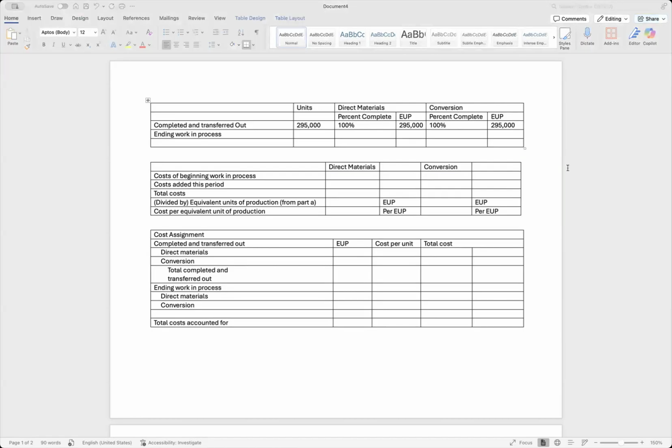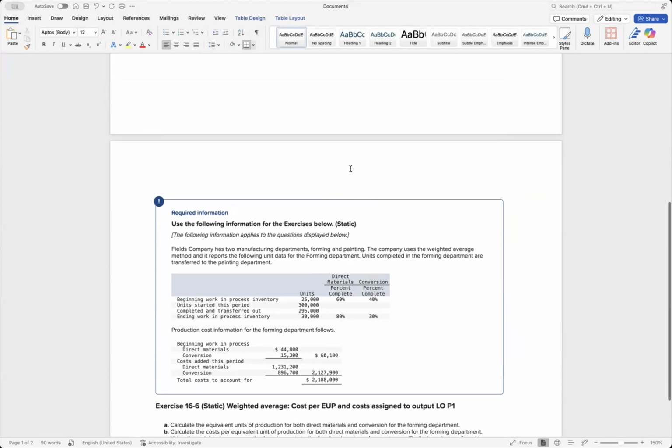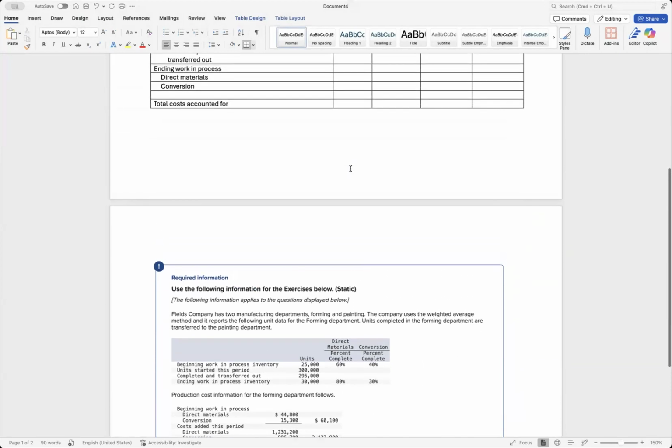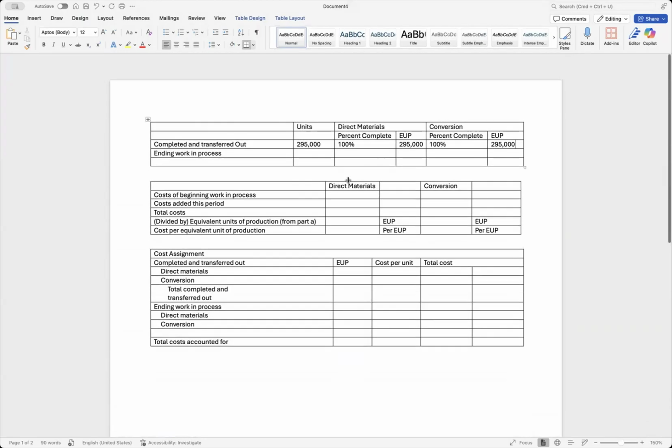In terms of my ending work in process now, it told me that my ending work in process was 30,000 units. And again, all of my direct materials would have been added in here for my ending work in process because it started, and for the process to start, they would have added in the direct materials.